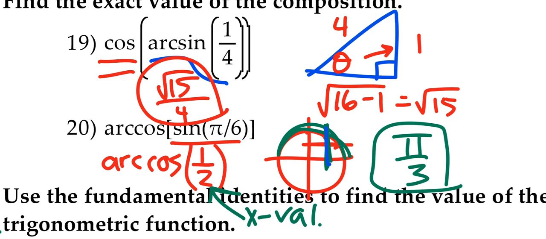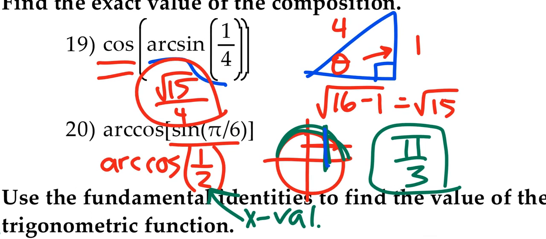Do you understand where we got the 1/2 from? They started me out over here at pi over 6, and they asked me for the y value, so that's where we got the 1/2 from. But then, if you do the substitution, you realize that this part in here is now an x value.